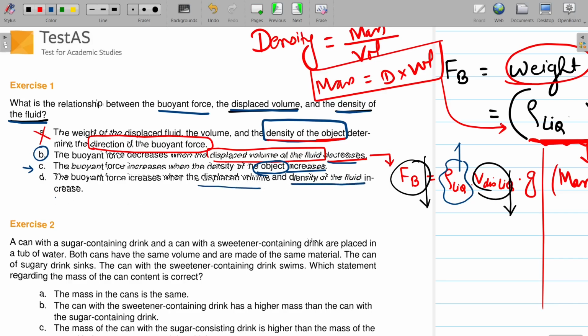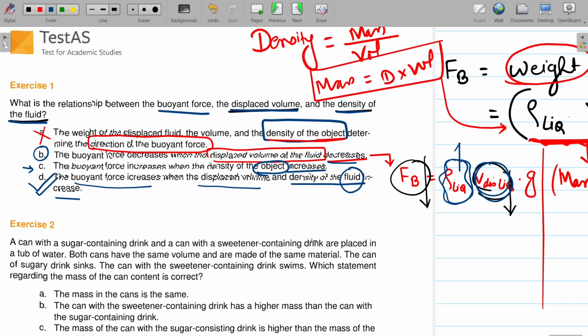See, this seems more correct. This is saying fluid. As I told you, this is true for fluid, not only for liquid. So if the density of the fluid increases and the volume of the displaced fluid increases, buoyant force obviously increases. So I think D is the most appropriate option for this question.